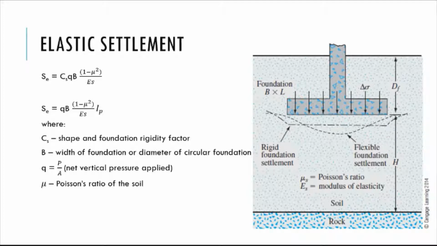And mu is the Poisson's ratio of the soil, which is also constant in every type of soil. And E sub S is the modulus of elasticity of soil, also constant, depending on the type of soil. And lastly, I sub B, or influence factor, also depends on the type of soil.